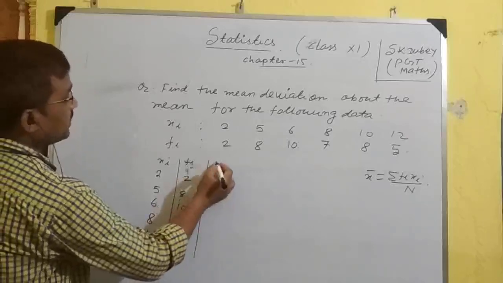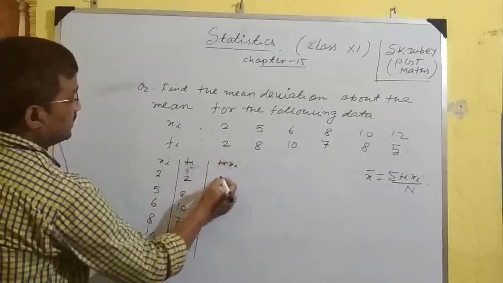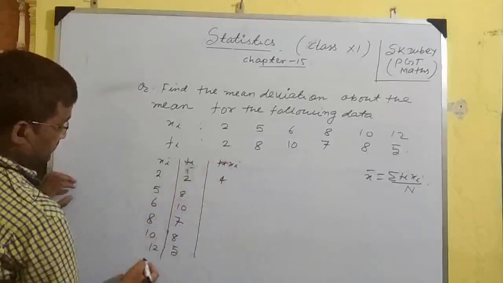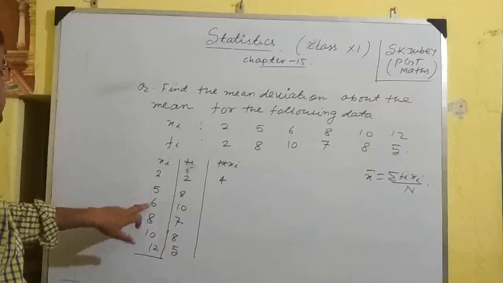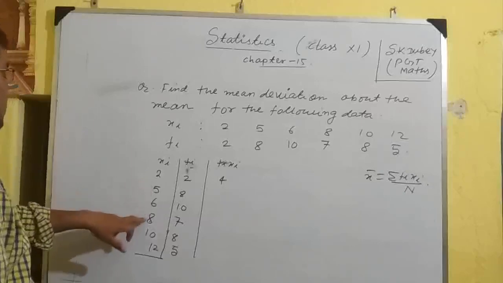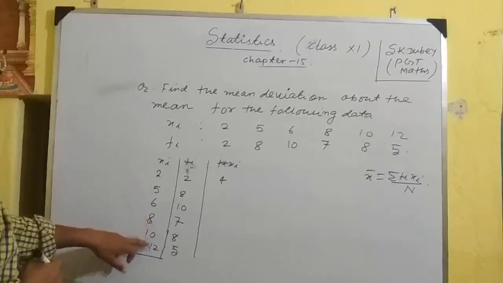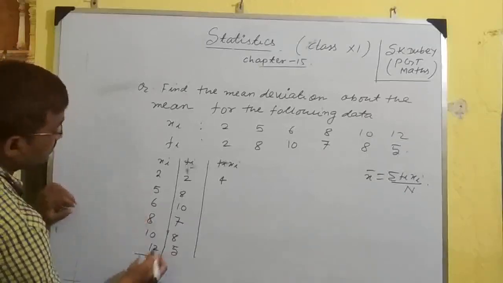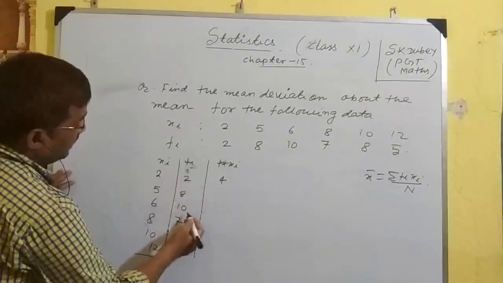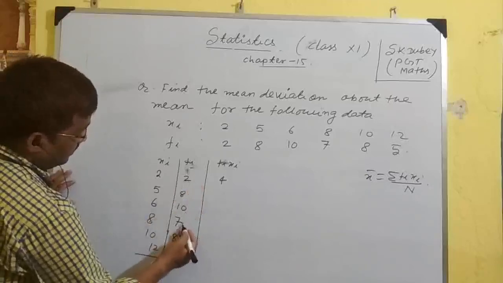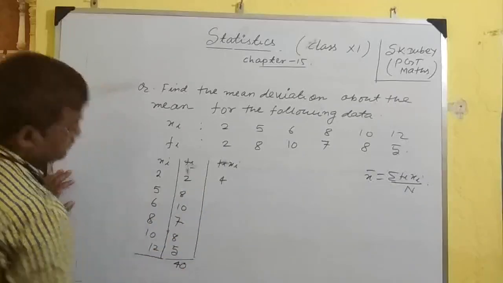Now the total frequency: 2 plus 8 is 10, 10 plus 10 is 20, 20 plus 7 is 27, 27 plus 8 is 35, and 35 plus 5 is 40.